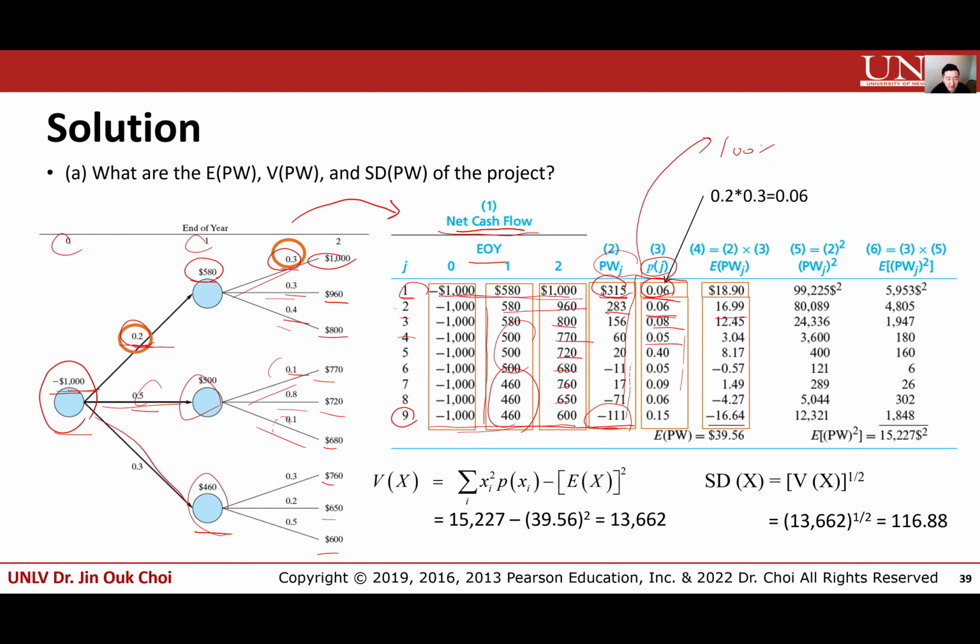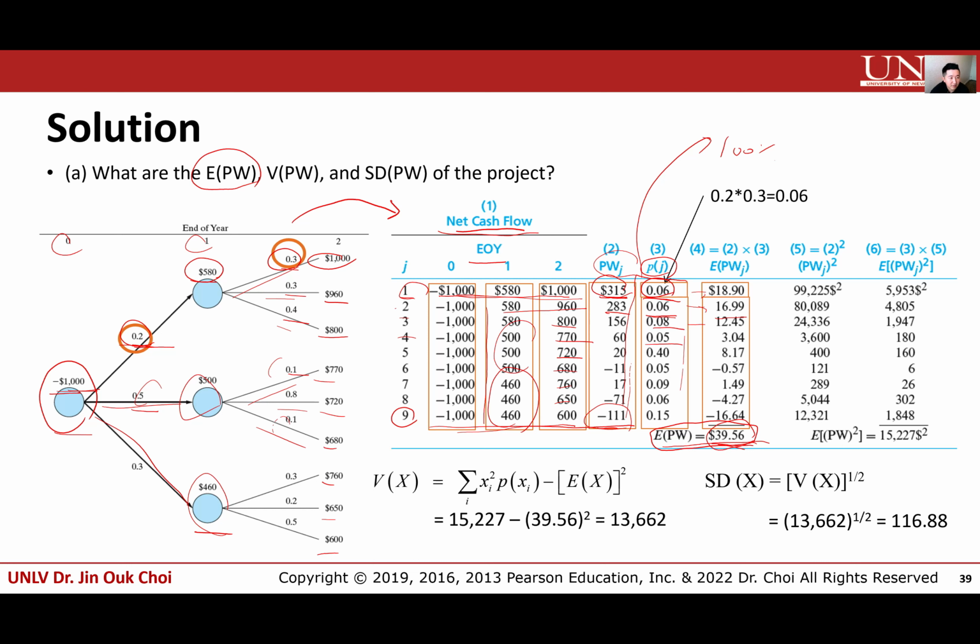Eventually, we calculate all these expected values, and once we add them up, that's the final expected present worth of this cash flow, which is $39.56. So this is what we were looking for in terms of expected value.